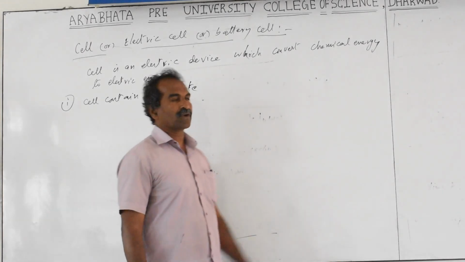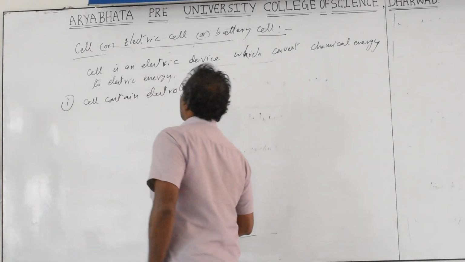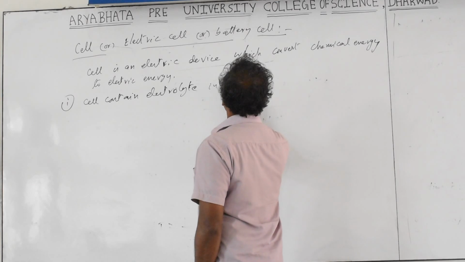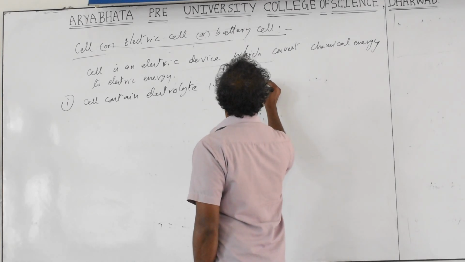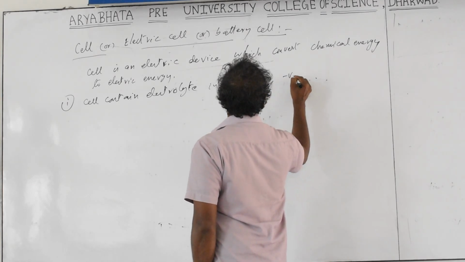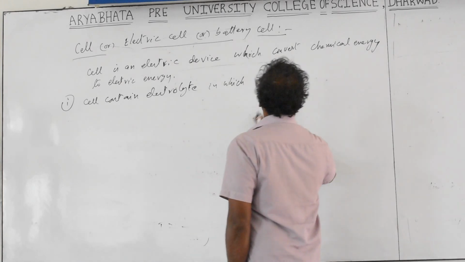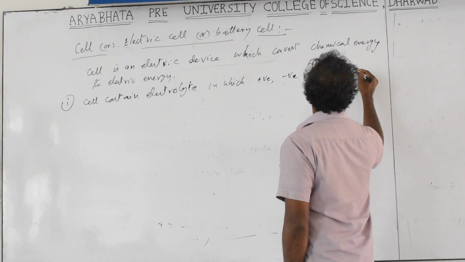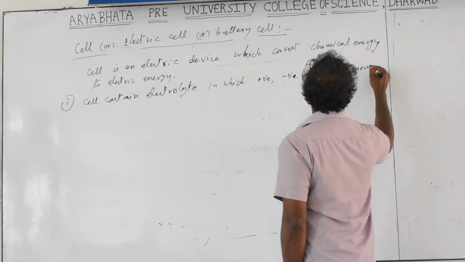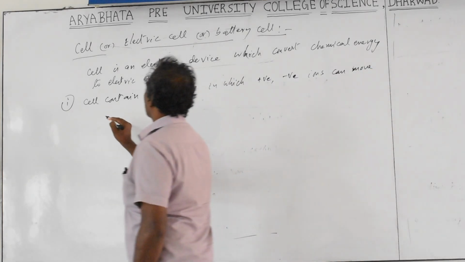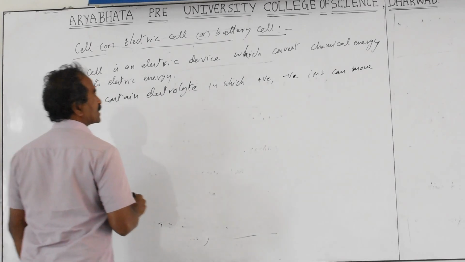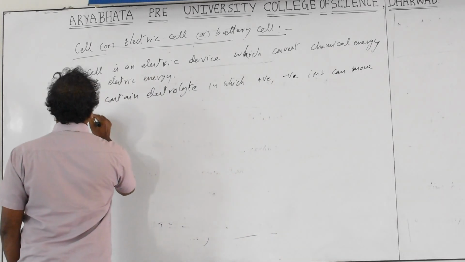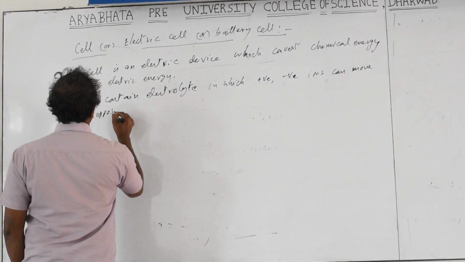So that's called an electrolyte. A cell contains electrolytes in which positive and negative ions can move easily in opposite directions, or you can split them.